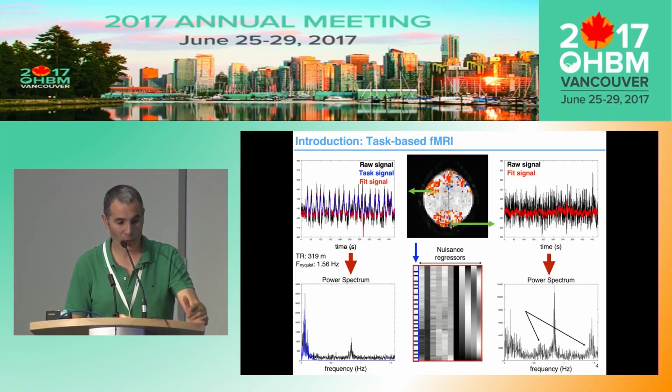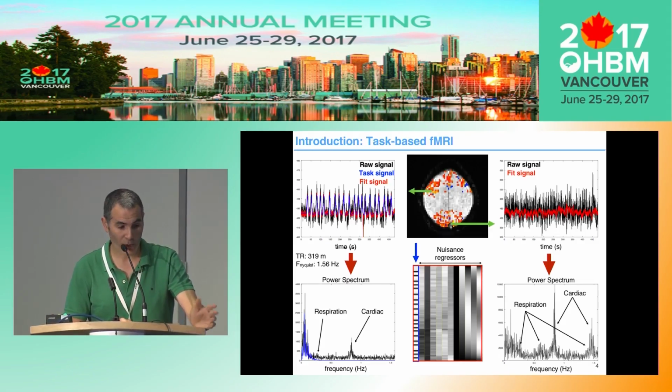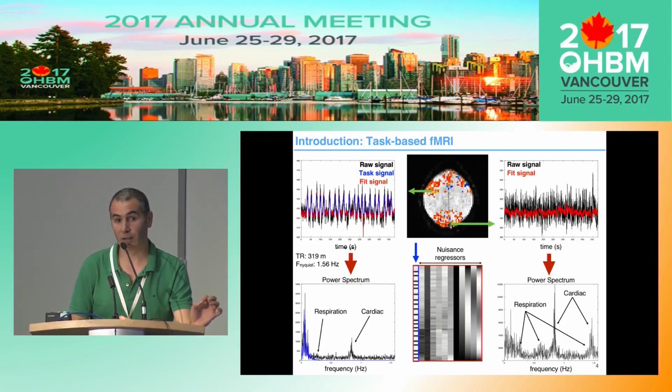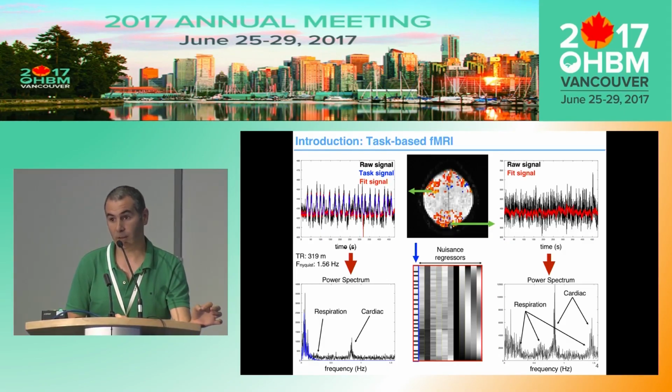Depending on which voxel you take, you can see respiratory components or cardiac components that, if your sampling rate is really fast, you can actually distinguish in the spectrum.